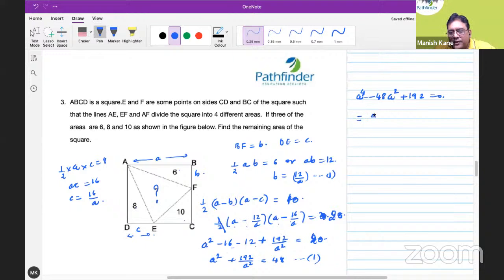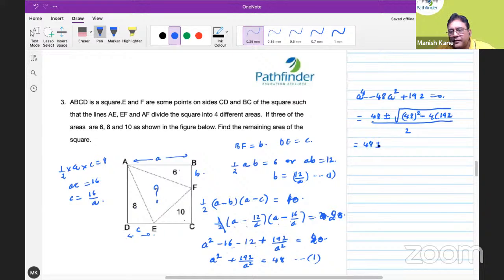So minus B is 48 plus minus under root of B square minus 4AC. So B square is 48 square, minus 4AC is 4 into 192. Whole of this divided by 2.